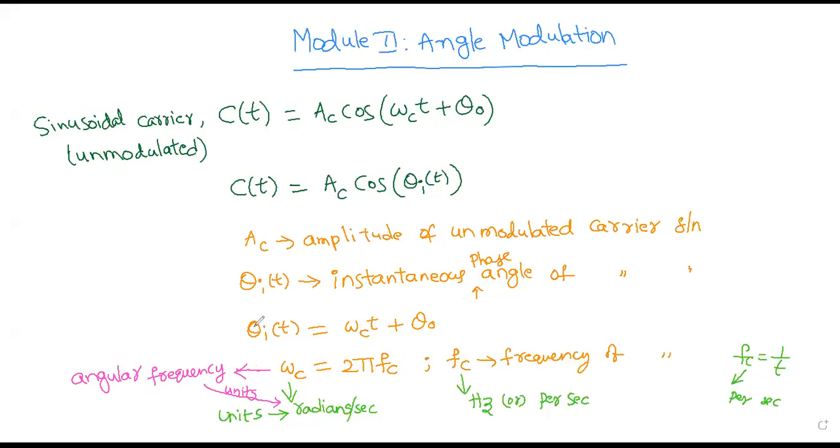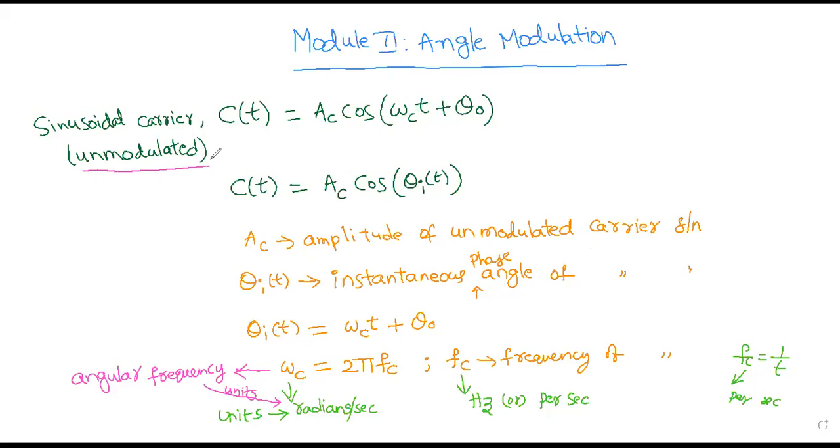And theta_i(t) is called the instantaneous phase angle of the carrier signal. These are the characteristics of a general sinusoidal signal. The signal that I've considered was A_c cos(omega_c t plus theta naught). This is the pure signal, which means the unmodulated signal.